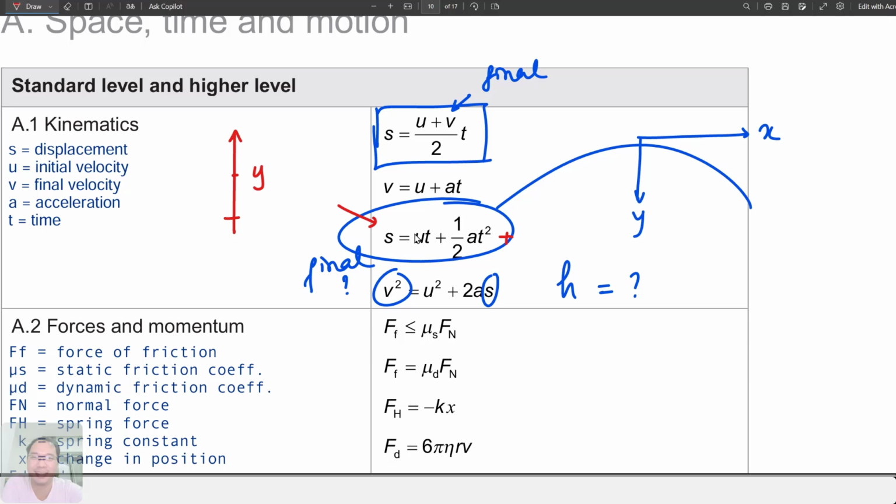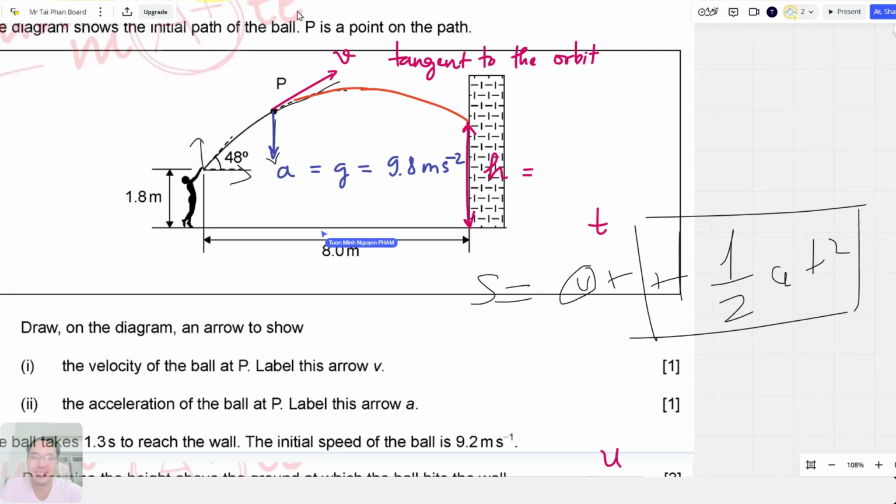And the u in the formula is the vertical velocity, not the horizontal velocity. The acceleration here is 9.8. So for this formula, I will need to add an initial height, y0, which is the height of the ball when leaving the hand, which is 1.8 meters.